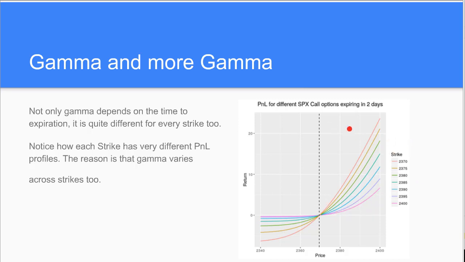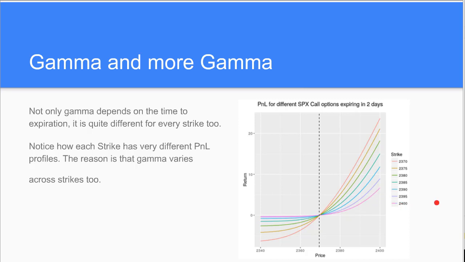It's easy. All of the options in this chart expire on the same day, which is only 2 days from now. All of them expire in 2 days from now, but they have different strikes, or what more formally is called different moneyness. Like 2,370 is barely out of the money, but then 2,400 is incredibly out of the money.